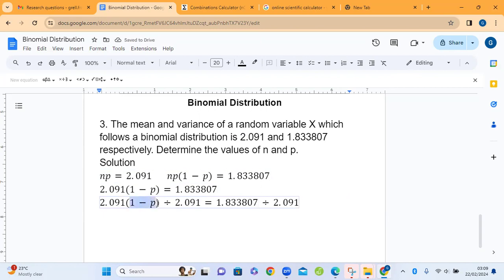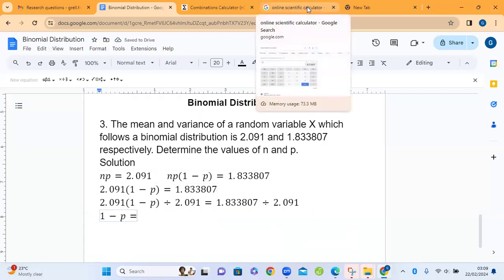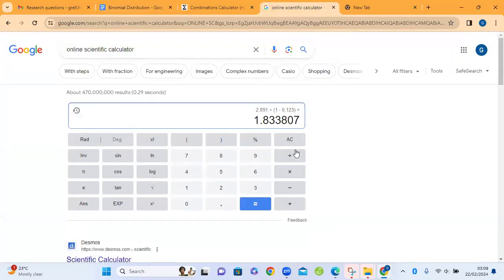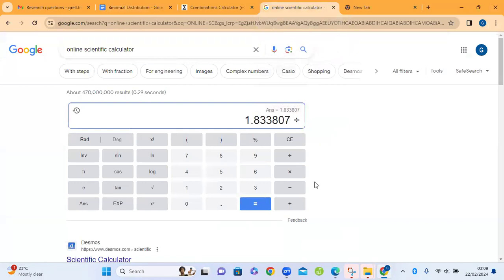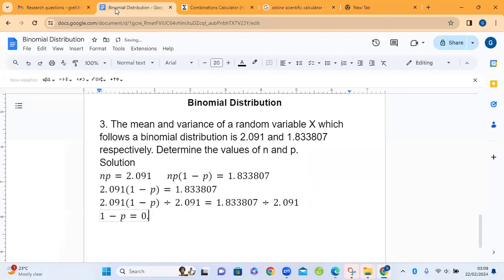So on the left, we are left with 1 minus p. And on the right now, we've got 1.833807 divided by 2.091. That will give us 0.877. That is 1 minus p.